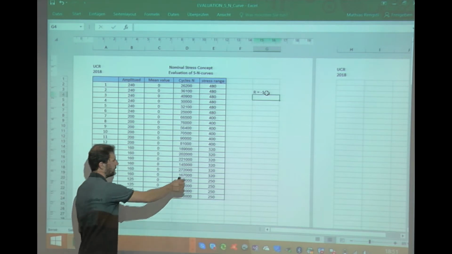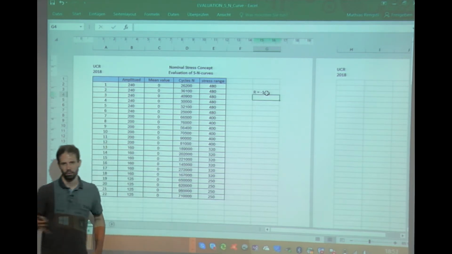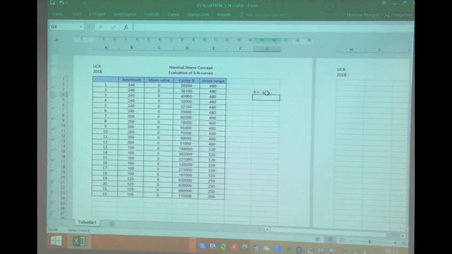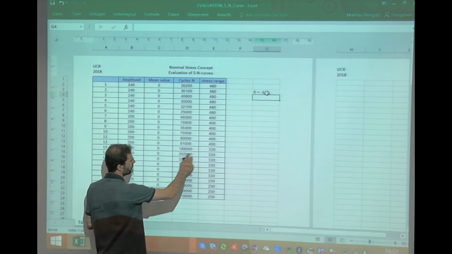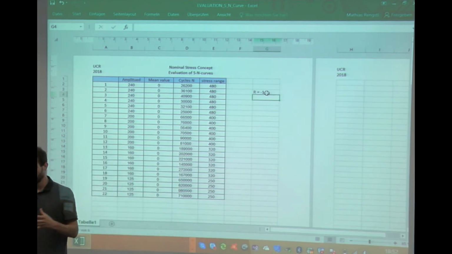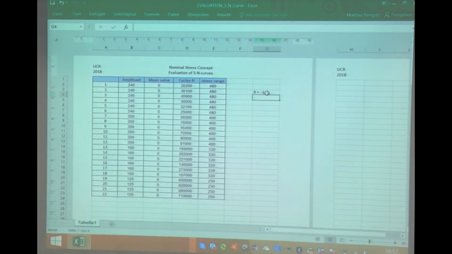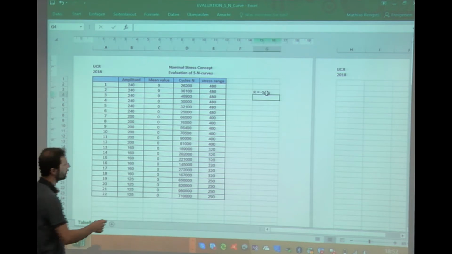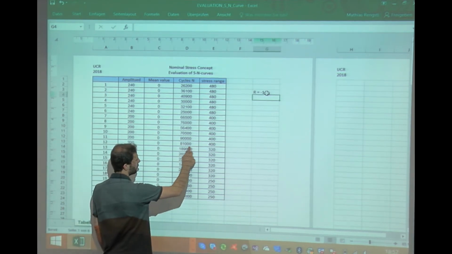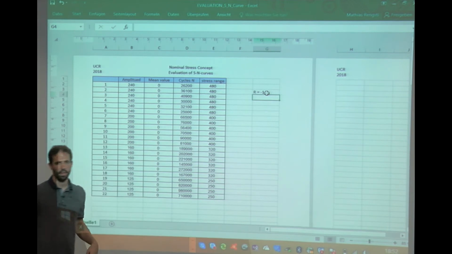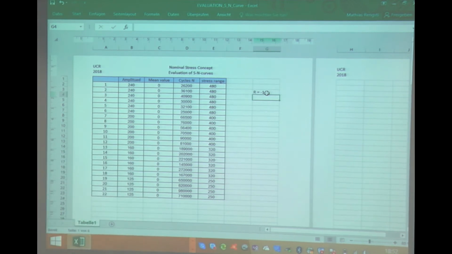Depending on the laboratory, sometimes they don't deliver the real amount of numbers, because this is at the end not important for the calculations of the SN curve.